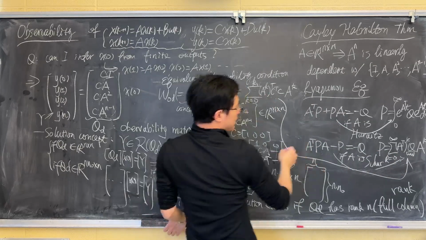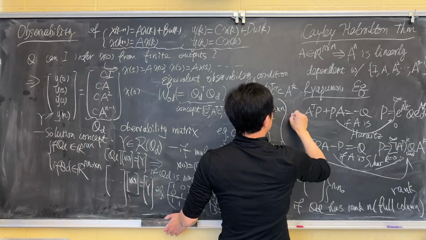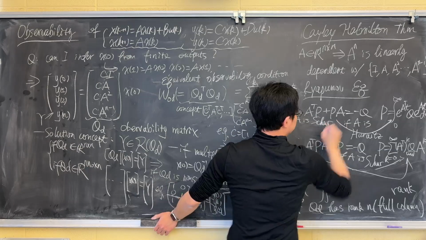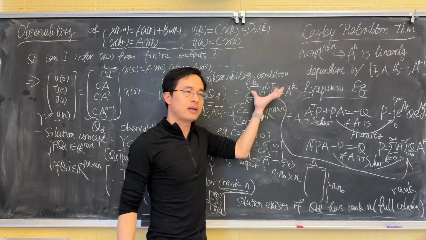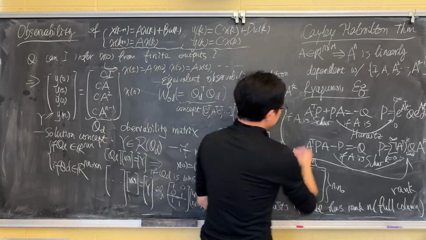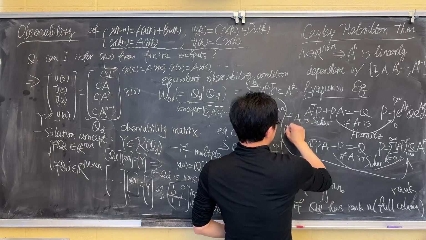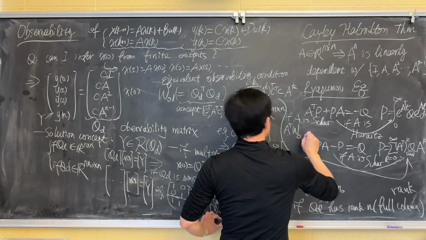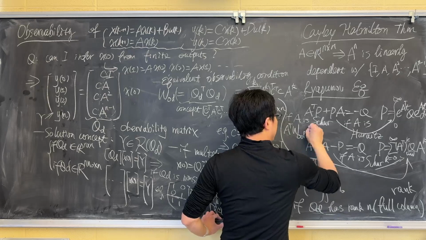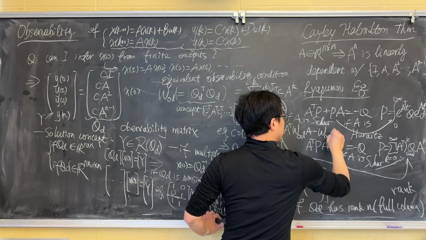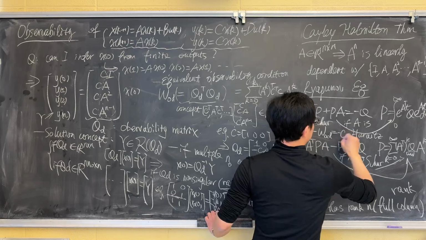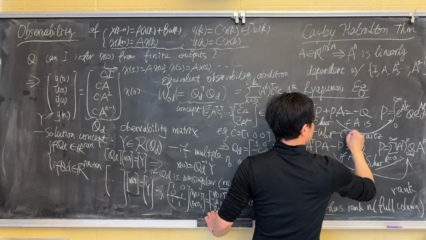So therefore, this one is the solution, if A is stable, which means the eigenvalues are inside the unit circle. Then this is A transpose W_OD A minus W_OD equals negative C transpose C.